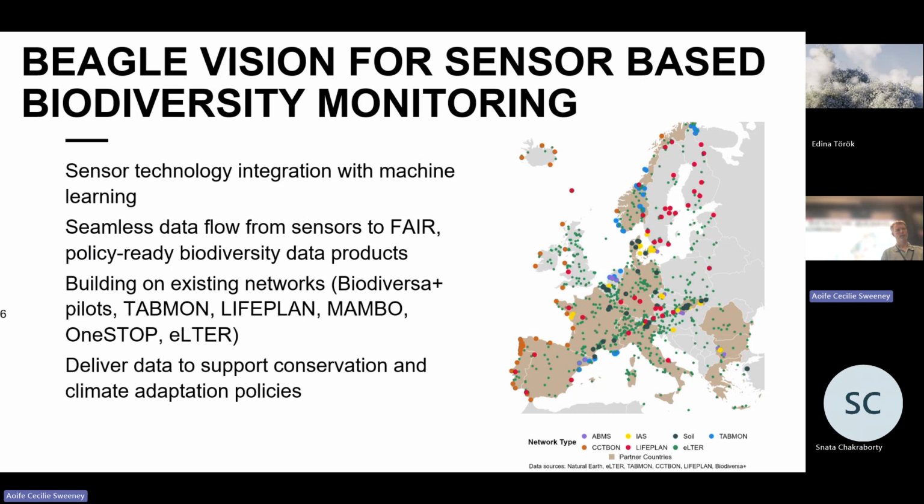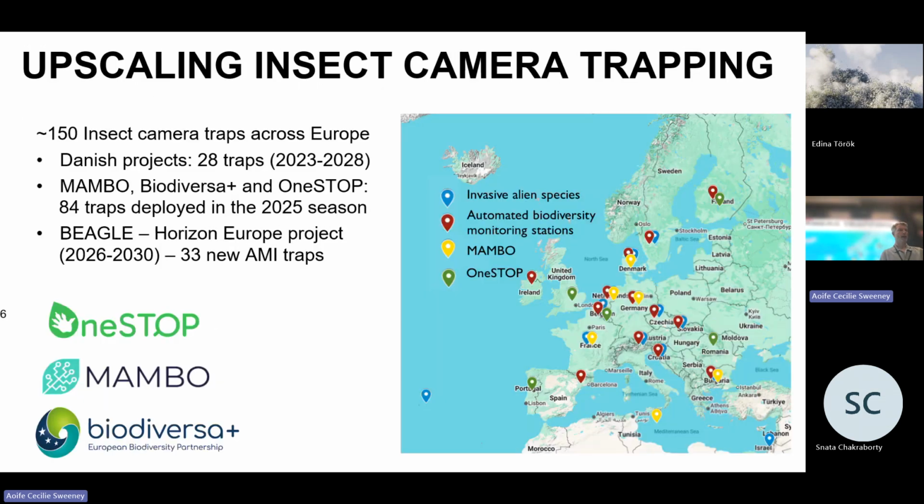And we hope with this new project that we can make a more meta network across these networks to support insect monitoring across Europe, in particular, to support conservation and climate adaptation policies as well. So some of these existing networks already have insect camera traps deployed at various countries in Europe.